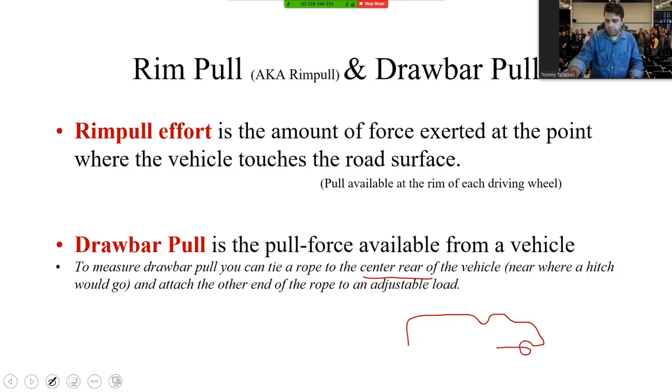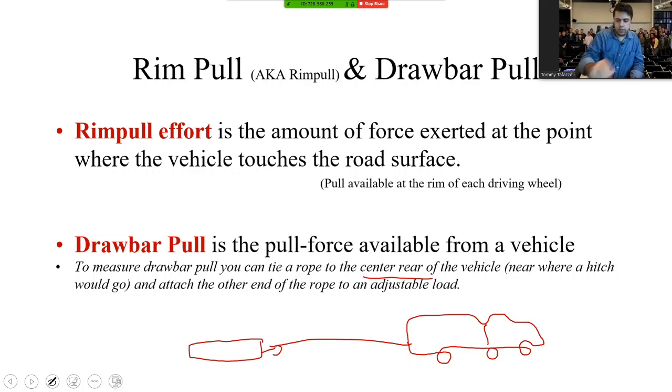So if this is a vehicle, and it is drawing, and let's say you are measuring the force here, you're measuring what is the drawing force, what is the pulling force of that vehicle. The pulling force of a vehicle is called the drawbar pull. Okay, so far so good.